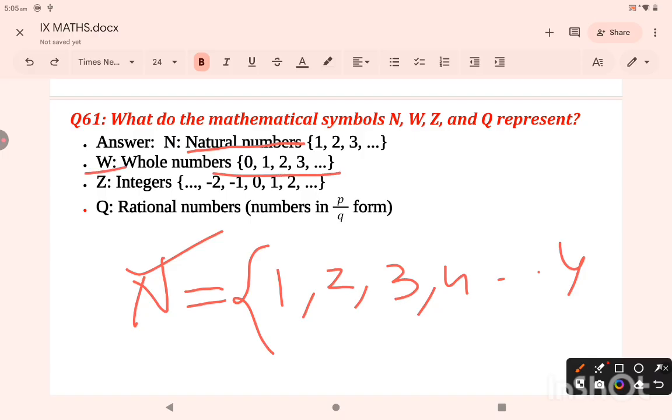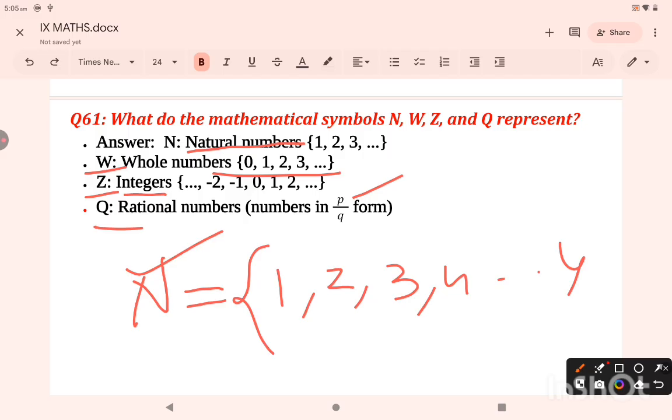Whole numbers are denoted by capital W. Similarly, integers are denoted by capital I or capital Z. Next, already we know rational numbers are denoted by capital Q. The numbers are in the form of p by q.